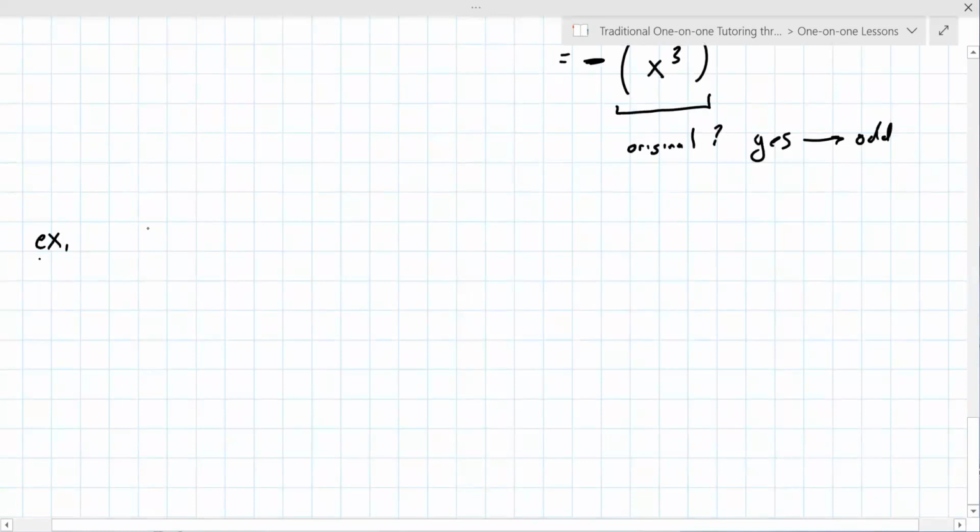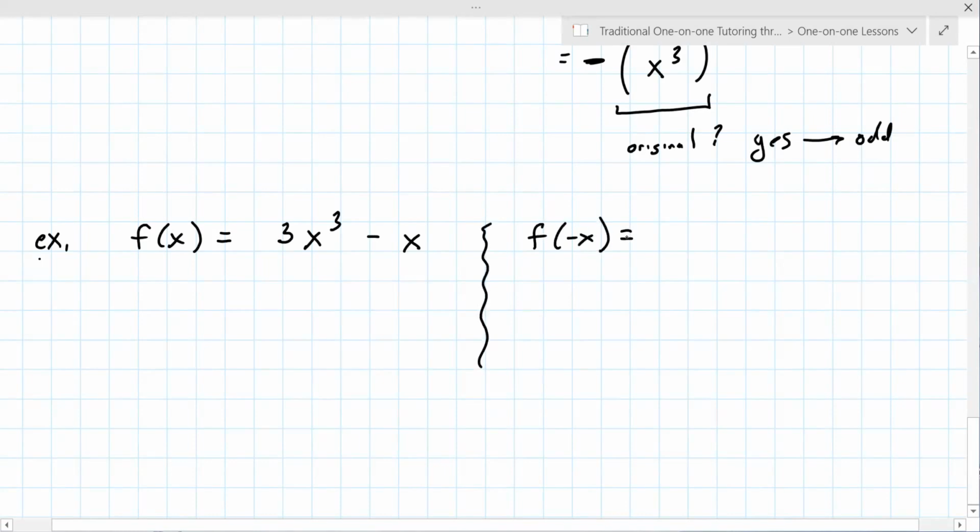So this next example is, let's say I gave you f of x equals 3x cubed minus x. And I'm going to ask you to first figure out what is f of negative x.